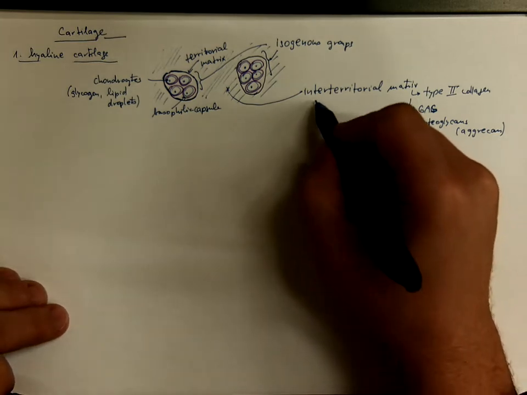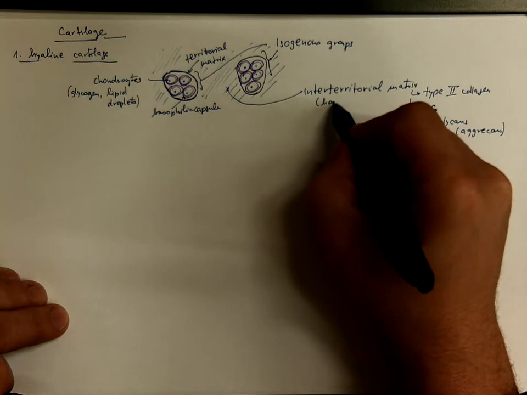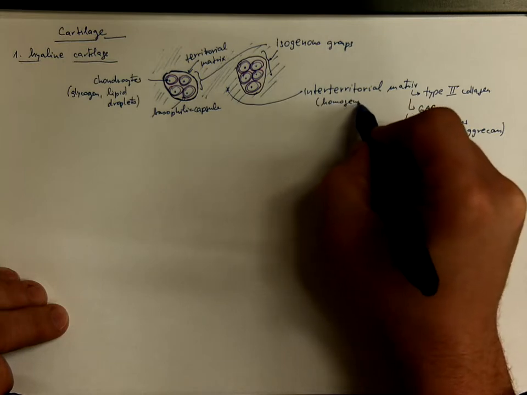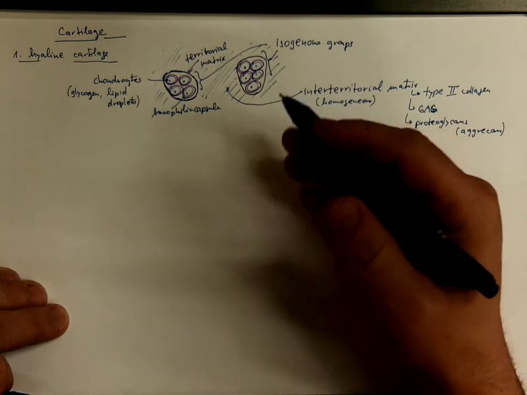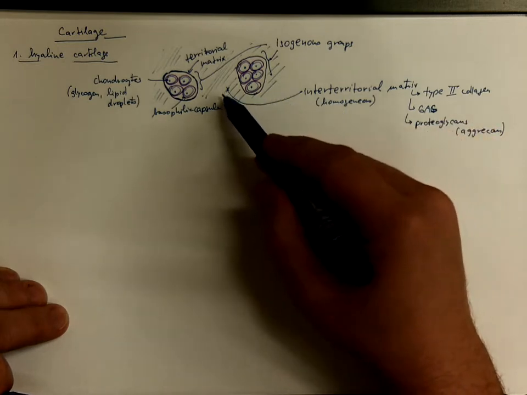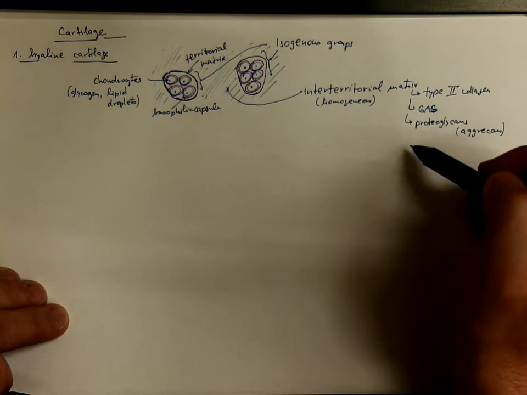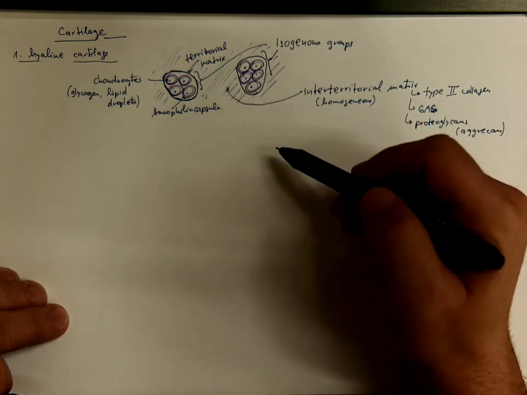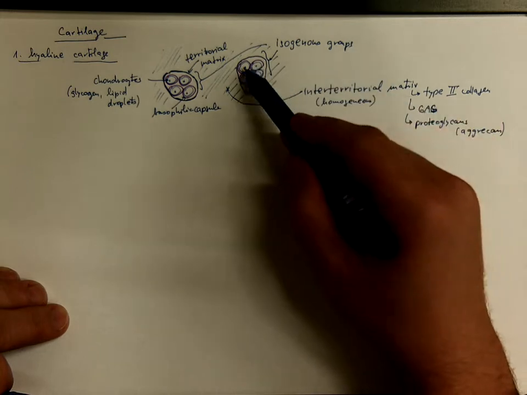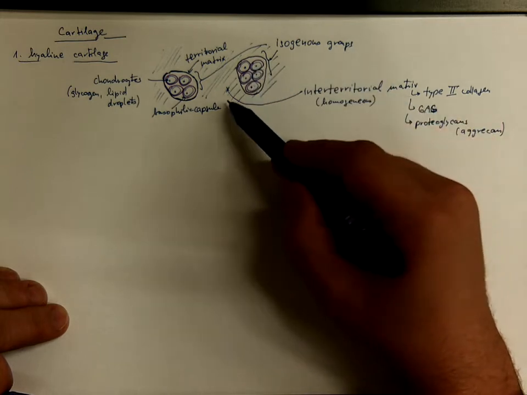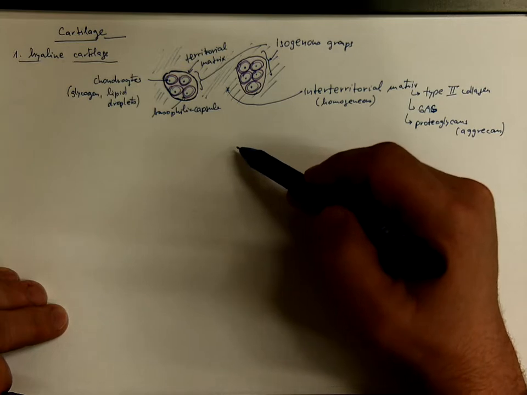So the interterritorial matrix is highly homogeneous. In the optical microscope, that's the optical phenomena, because the refraction index of all these components is very similar, giving no contrast. The isogenous groups are just daughter cells of the same cell precursor.